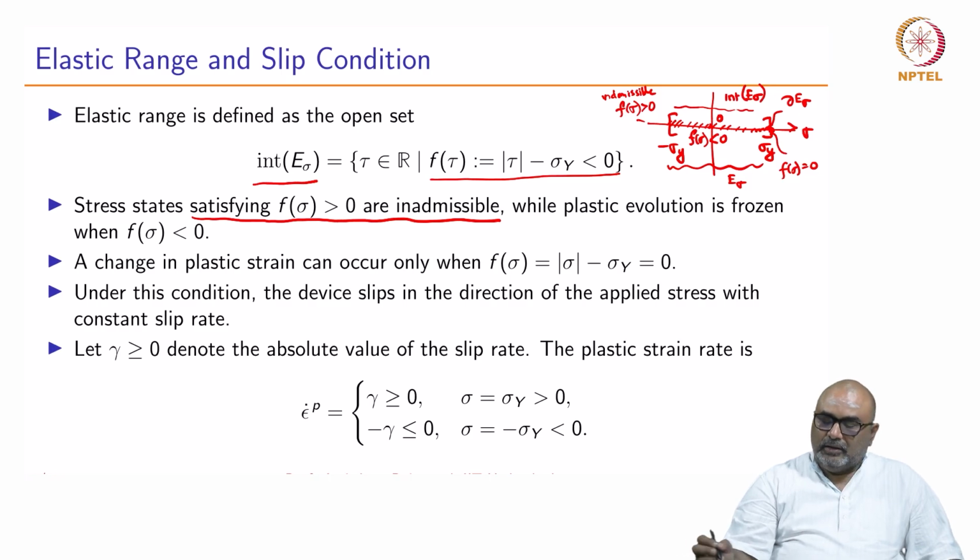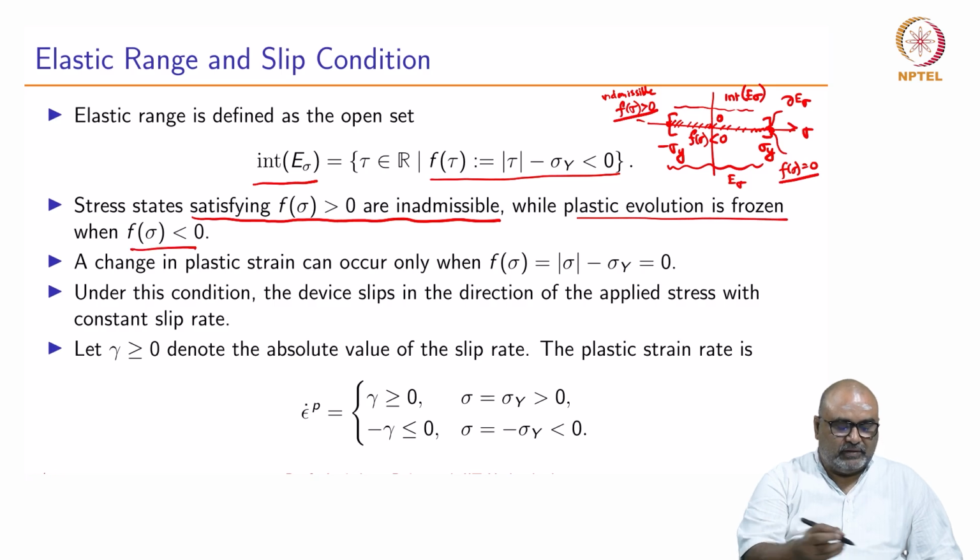Now, in this region, when f of sigma is less than 0, there is no plastic process, and the plastic process is happening only when f of sigma is equal to 0. When f of sigma is greater than 0, it is an inadmissible state. The plastic evolution is frozen when f of sigma is less than 0.